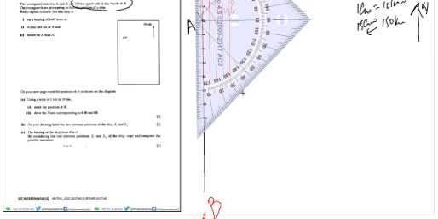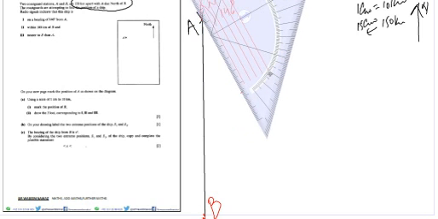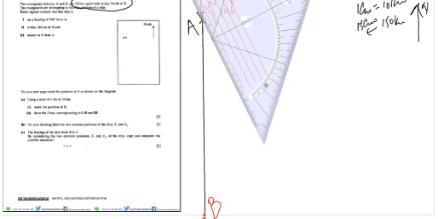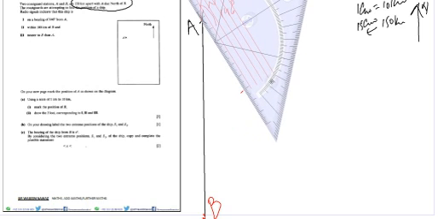So I mark here that this is the point 146 degree. By joining these 2 points, I will draw a line here, and this line is 146 degree.